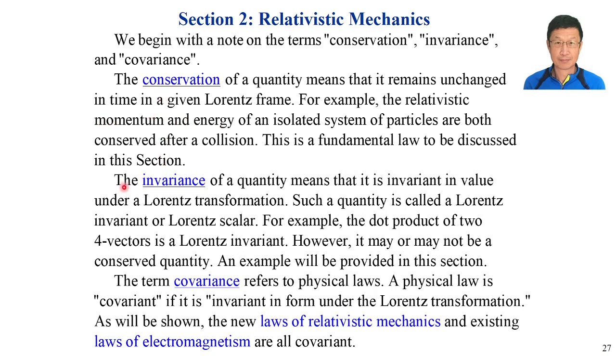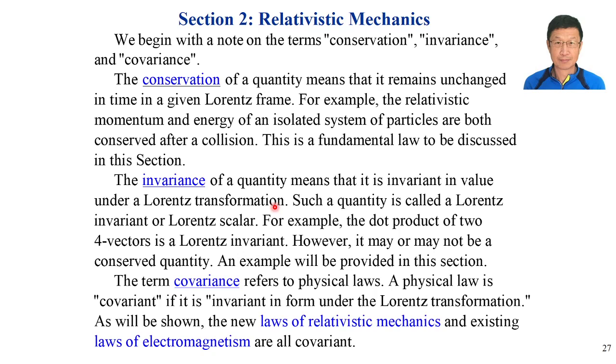Next one is invariance. Invariance of a quantity means that it is invariant in value under a Lorentz transformation. For example, we have two Lorentz frames. One is at rest.